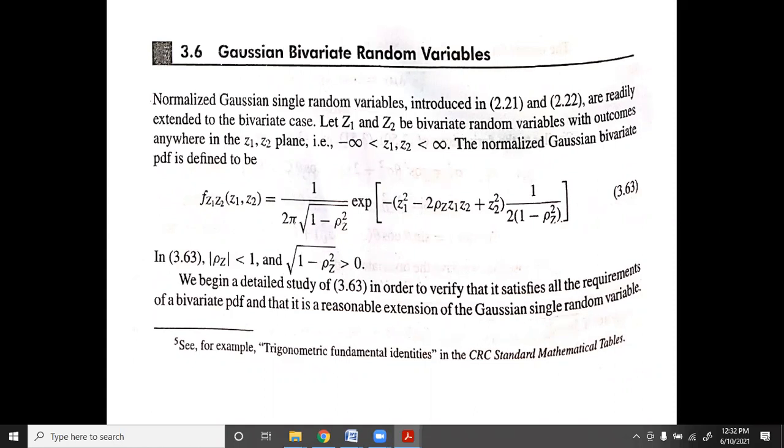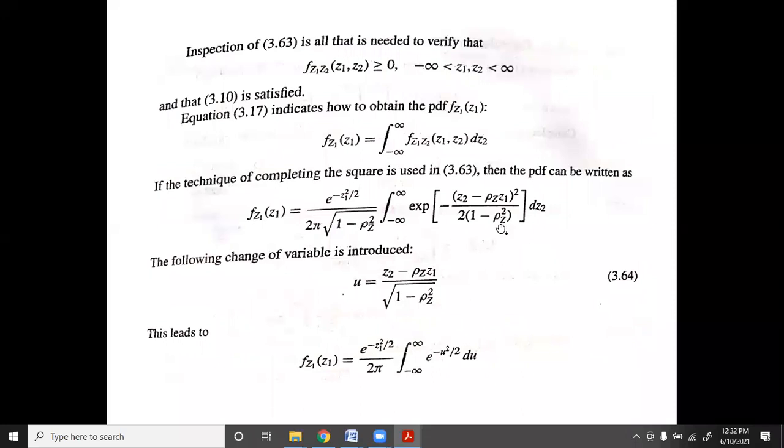The other quantity naturally should be 1 minus rho z square into z2 square. So 1 minus rho z square is already there here. That cancels with that, and hence we get this term, and the rest of the term will become squared.